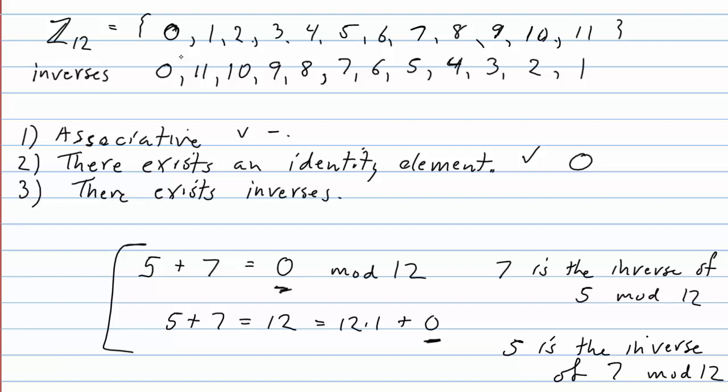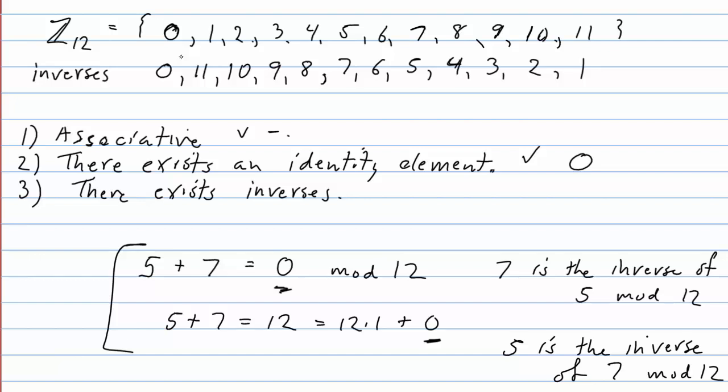So we've seen that the set of integers modulo 12 with addition modulo 12 is associative. There exists an identity element, namely 0, and every element has an inverse. So in fact, this is a group. And it's also very worthwhile to point out here that we did this, of course, with addition mod 12, but this in fact can be generalized.